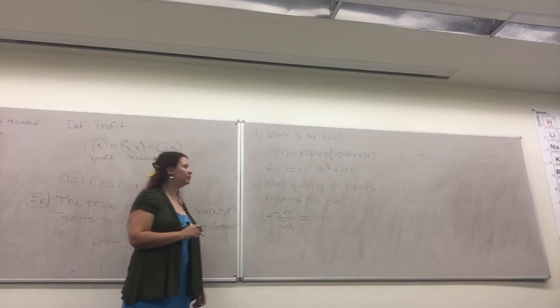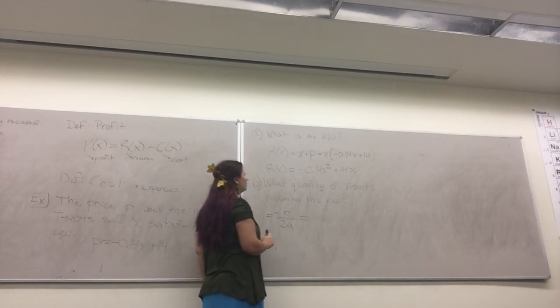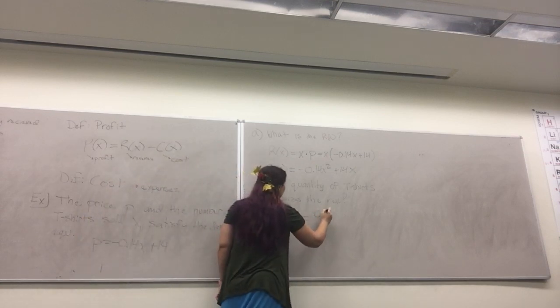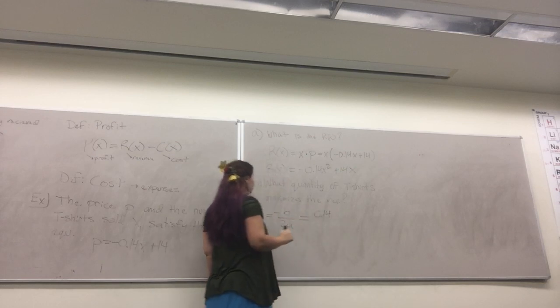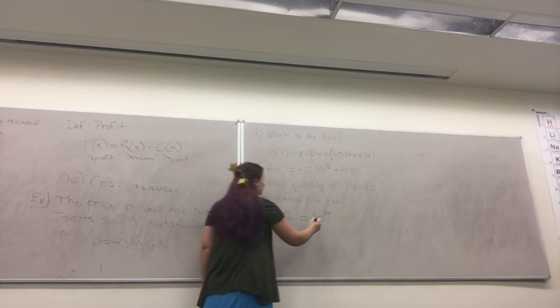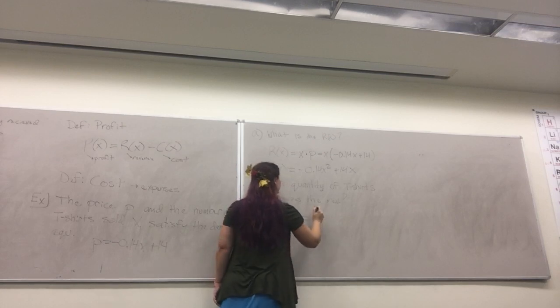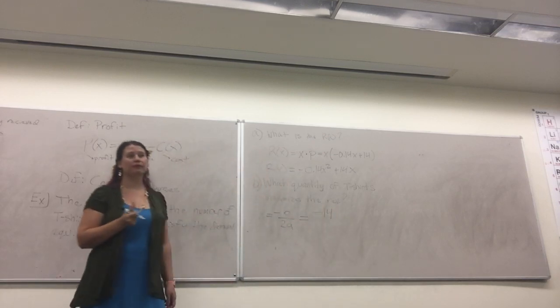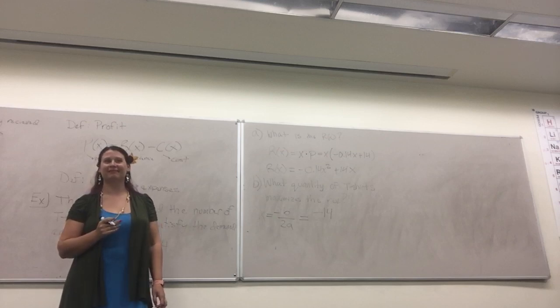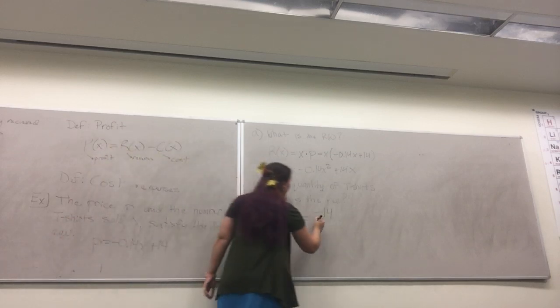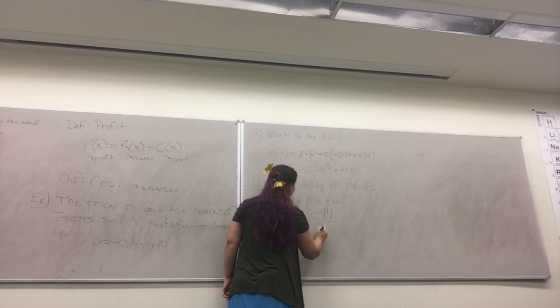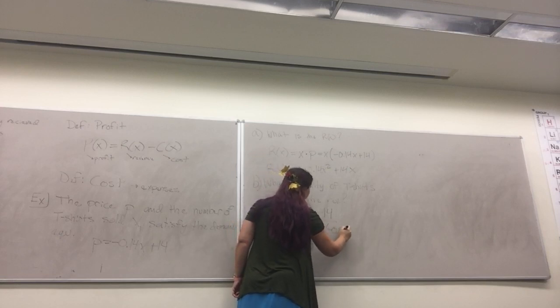What's the top? Negative 14. I pulled A instead of B. Over 2 times negative 0.14. Yep.